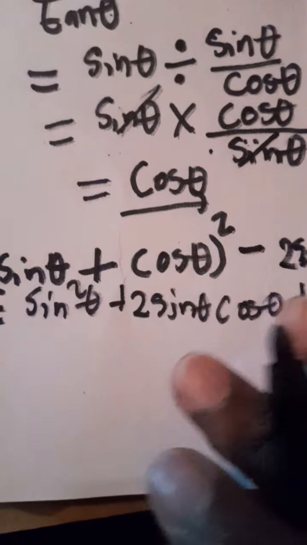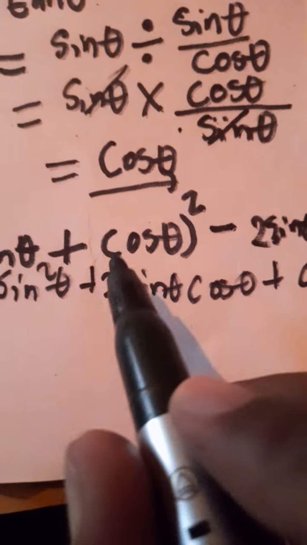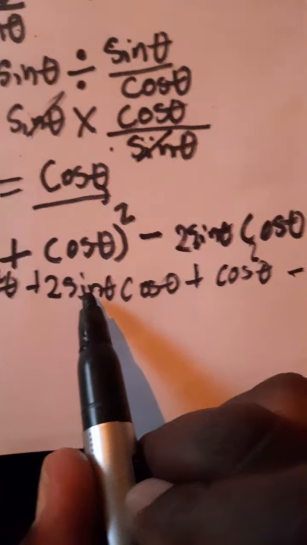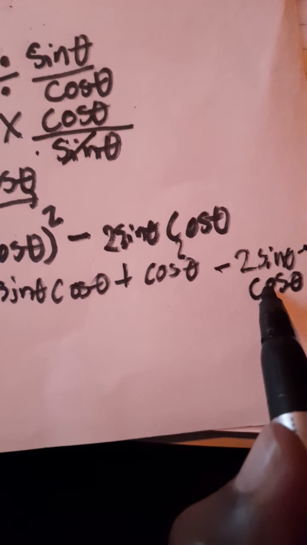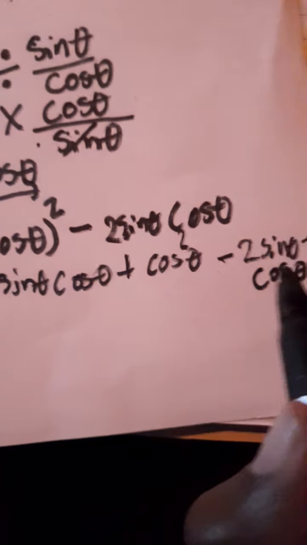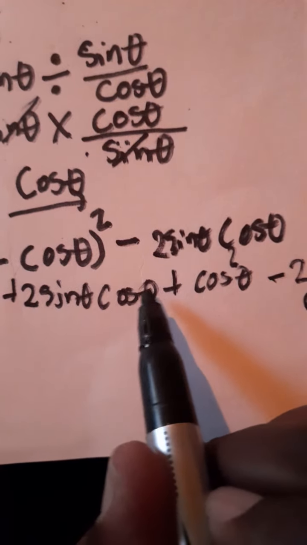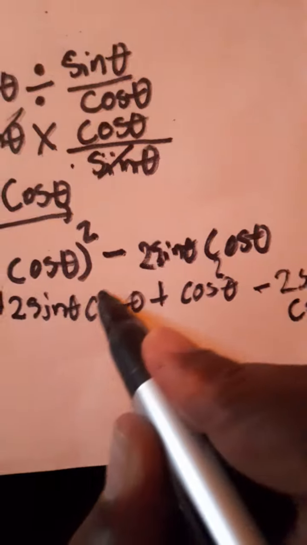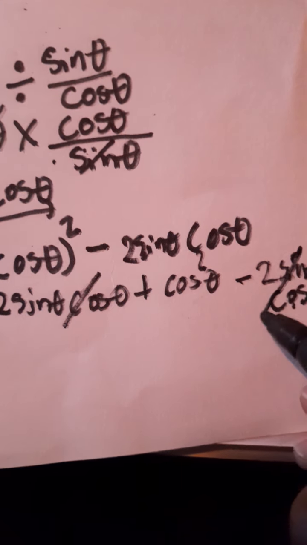So from this part, we can see that we have like terms, isn't it? Yes, we do have like terms: 2 sine theta cos theta, and minus 2 sine theta cos theta. These will cancel each other.